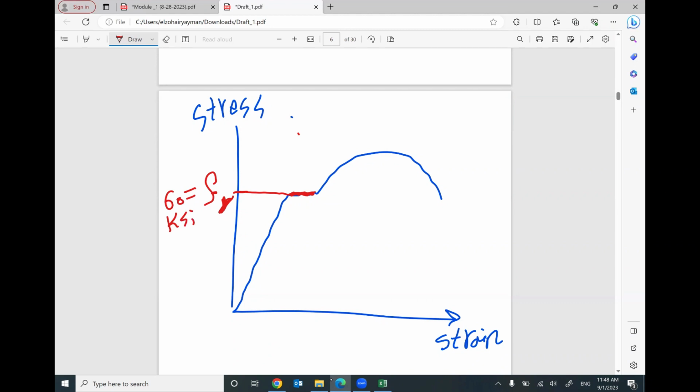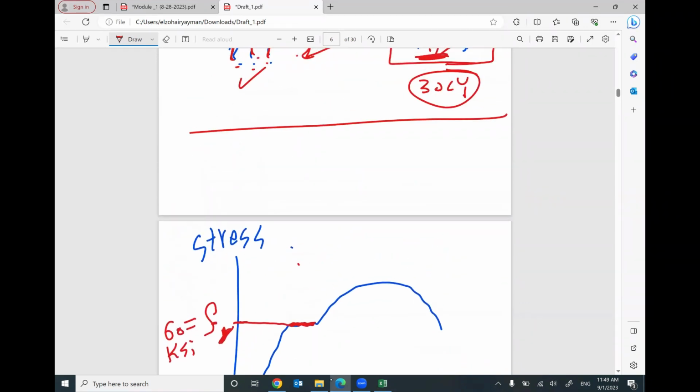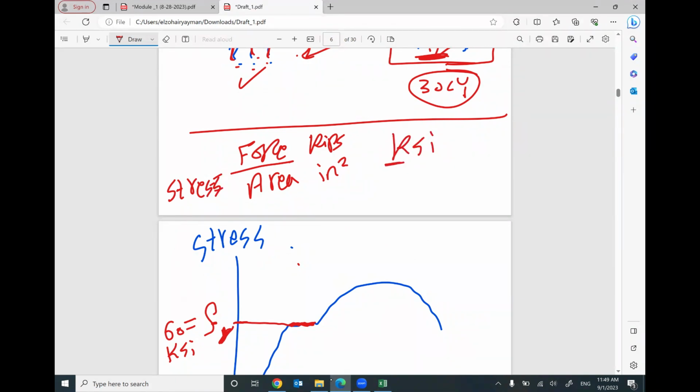Do you know why it's KSI? Because your force in this example is in kip, your area in inch square. That means your final stress value will be KSI, kip per square inch.